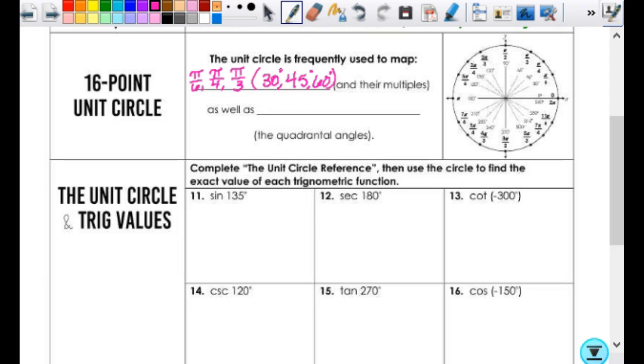Not just pi thirds, but 7 pi thirds and 5 pi thirds, whatever. As well as 0 or 2 pi, pi halves, pi, and 3 pi halves, which are your quadrantal angles.